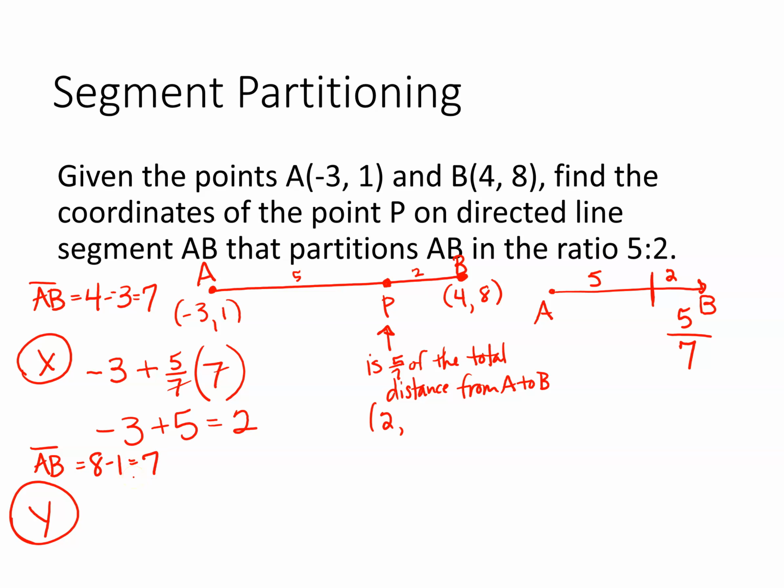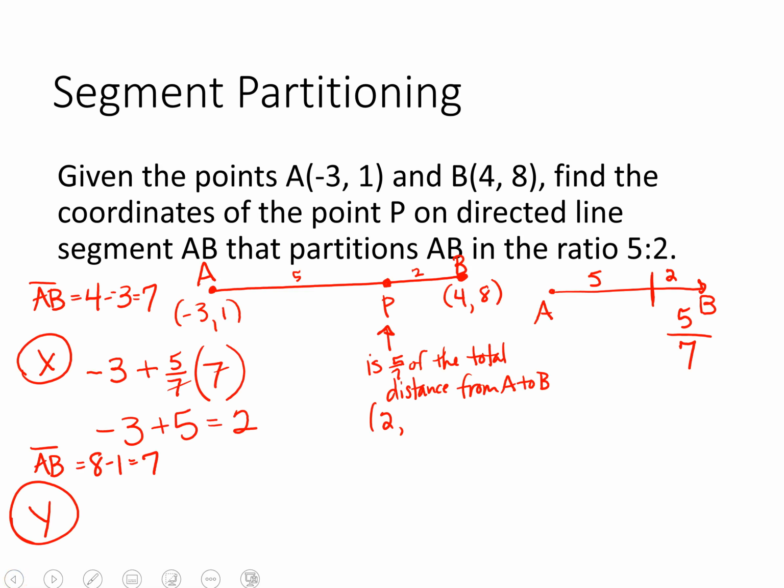All right, and then we're going to start at 1. We're going to go 5/7 of the total, which is 7. So 7 over 7 is 1, and 1 plus 5 is 6. And that's all you do for this method. So our y value is 6.